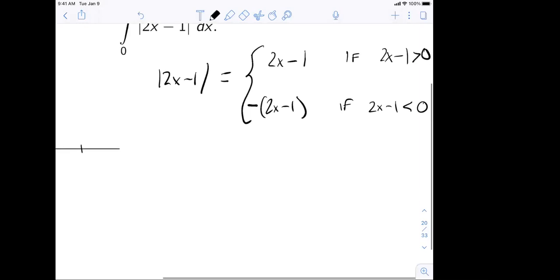Okay, so if I simplify this a little bit, I'm going to get 2x minus 1 if 2x minus 1 is bigger than 0. That's not very helpful for me to graph it, right? So if 2x minus 1 is greater than 0, then what does that tell me about x? What can I do with that inequality?